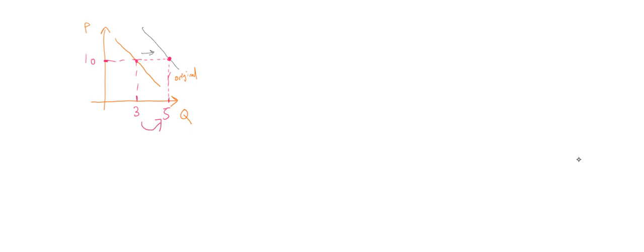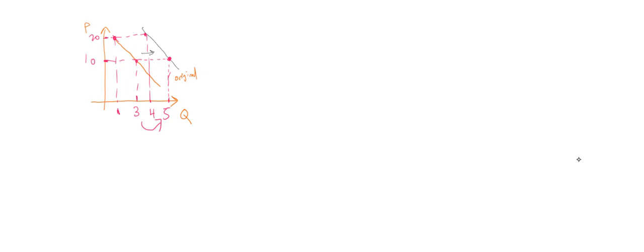So for any given price, the quantity demanded now has increased from 3 to 5 at $10, and it's the same for any of the points along the curve. So even if we were to look at points over here, a highly priced point, so let's say this is $20, quantity demanded was maybe 1, but for the new curve, that quantity increases to maybe 4.